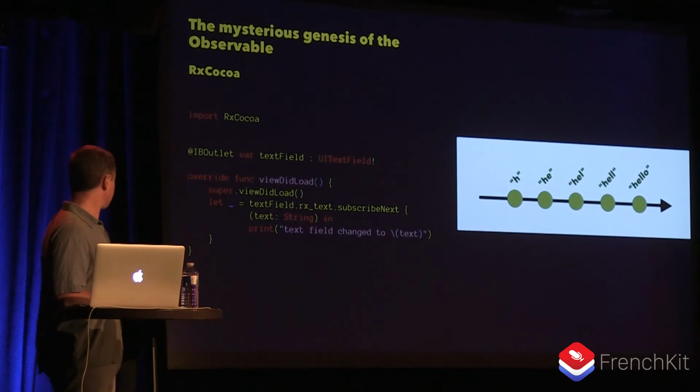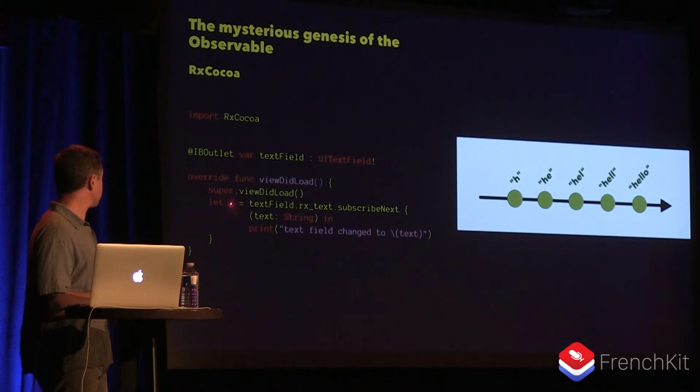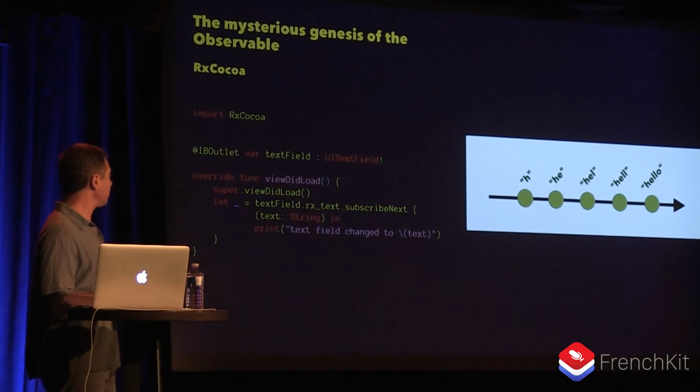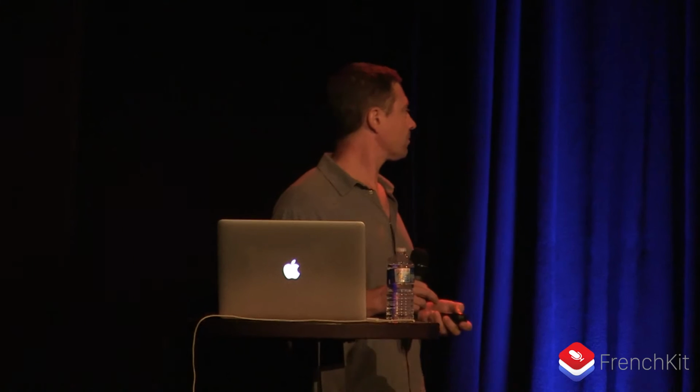In this very simple example, I just print the result, but we could combine them, something we'll see later. And one thing is I ignore the disposable object that the subscription returns, which means that I'm subscribing to this text field during the viewDidLoad here, and I will never unsubscribe. So the subscription will run until the text field is deallocated.